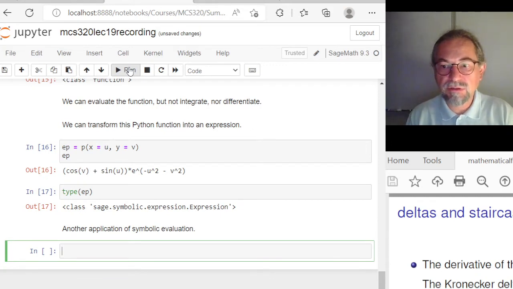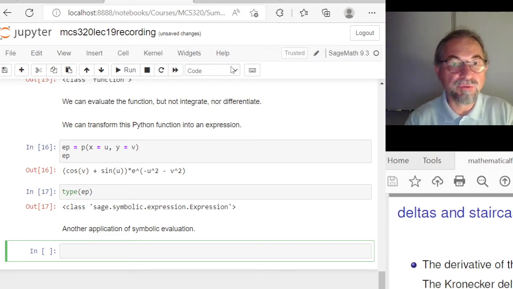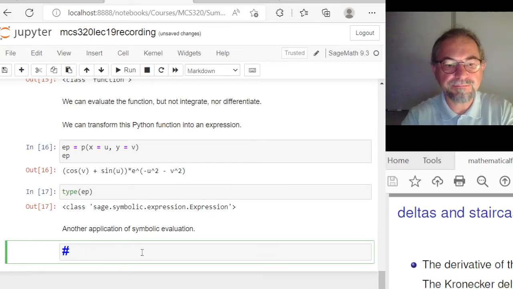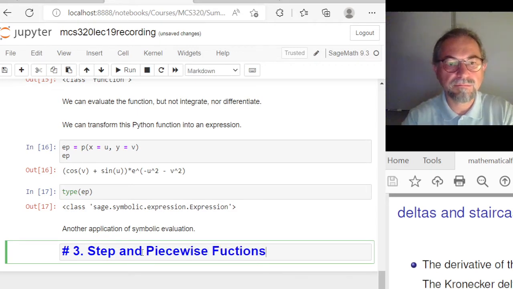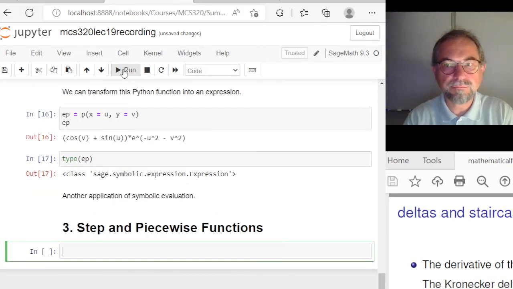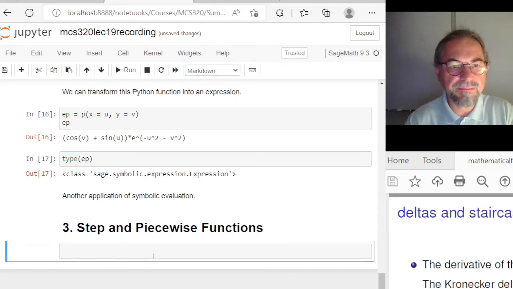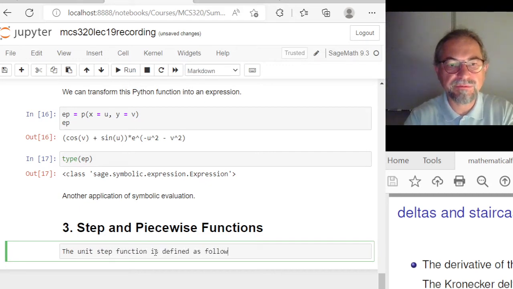Okay, so we worked with our first example with a very nice continuous function. So let's look at step functions, step and piecewise functions. There is the unit step. Let me define the unit step function as follows.